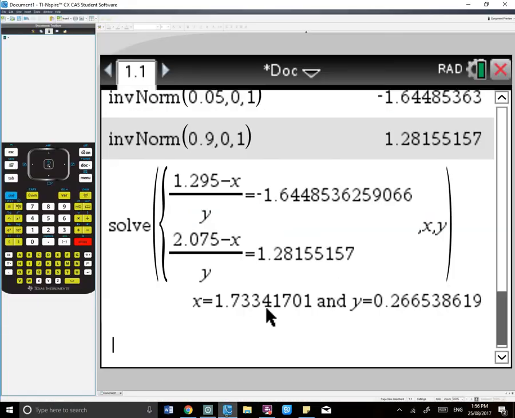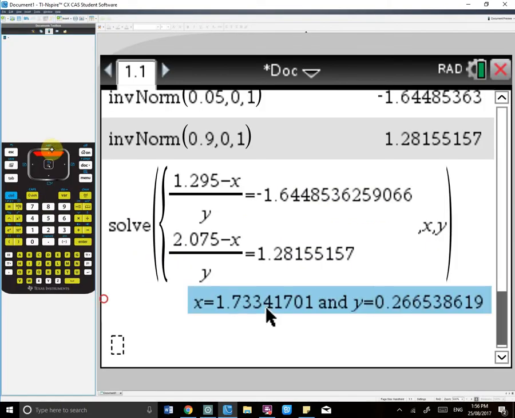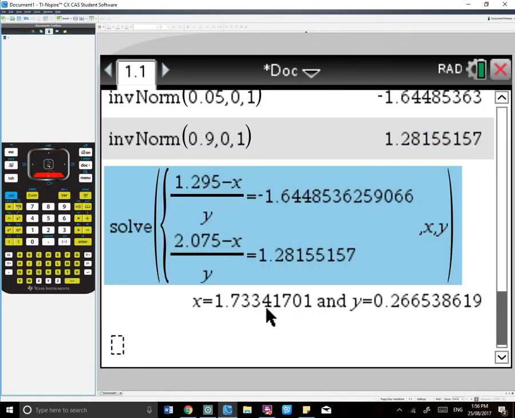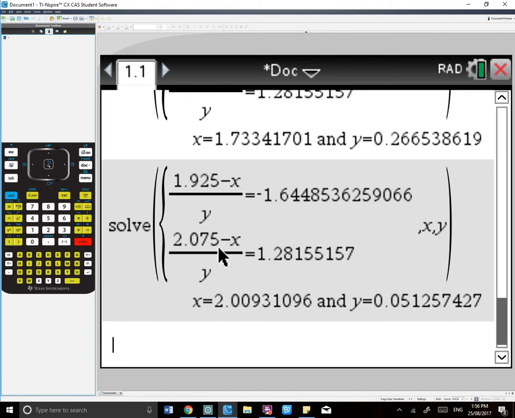No, that's not right, it's 1.925. Easily changed. Okay, that makes better sense. Mu is 2.009 and 0.05 is the standard deviation. So solve them simultaneously.